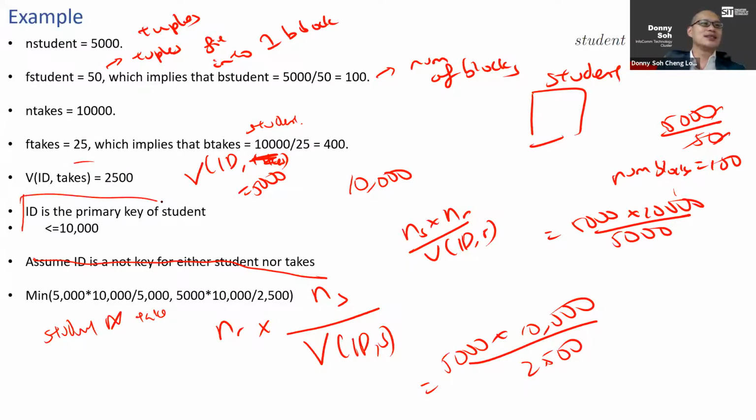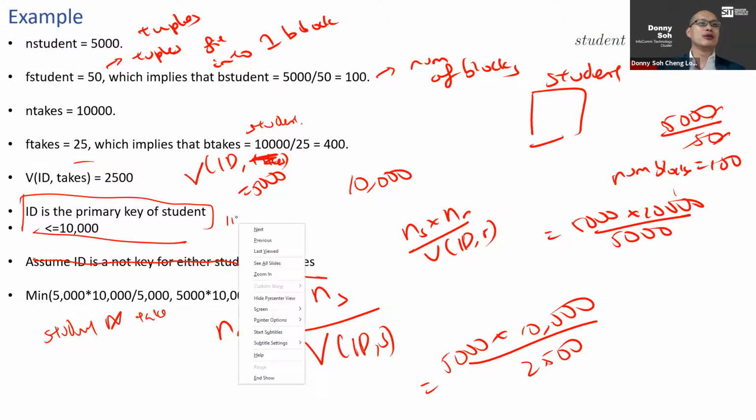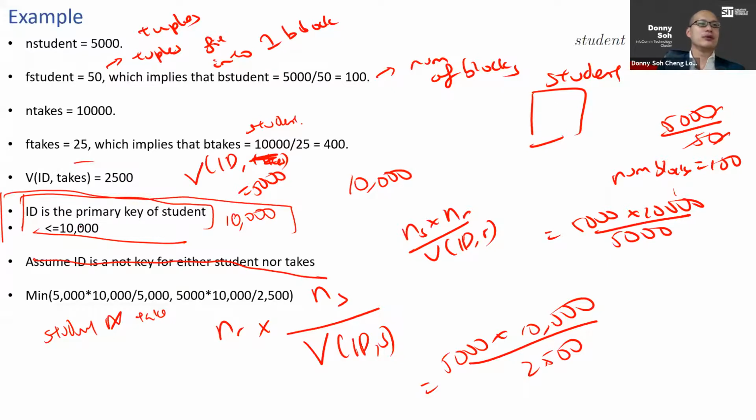If ID is the primary key, it will be at most the number of rows in my ticks table, which is this. So this is one scenario. If ID is the primary key, it will be less than or equal to 10,000, which is the maximum number of tuples in ticks. If ID is not the primary key, then we have to calculate this formula.